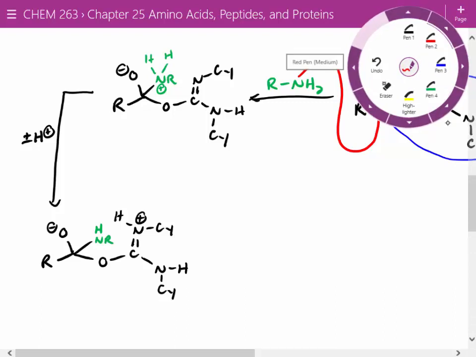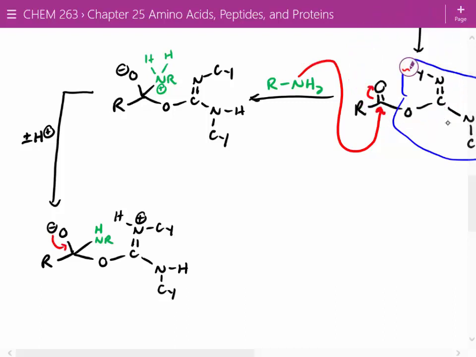So let's show the electron pushing. This can clamp down, this can clamp down, and this can clamp down. So it's a domino series. And now we've got our new peptide bond.